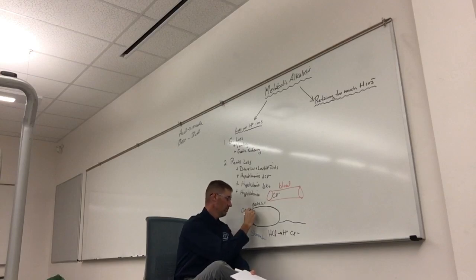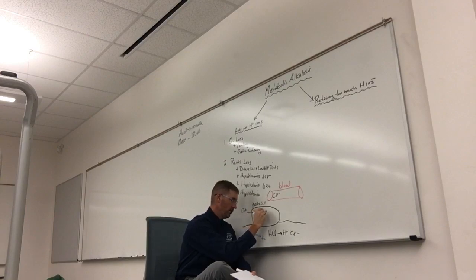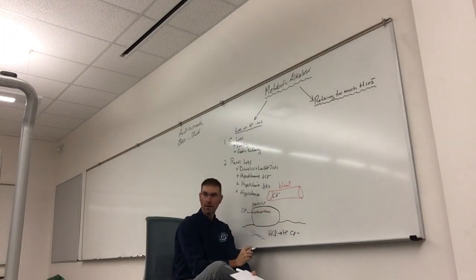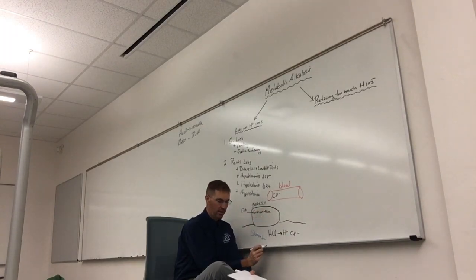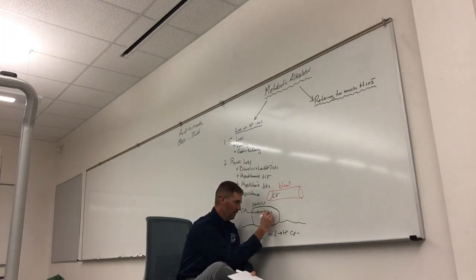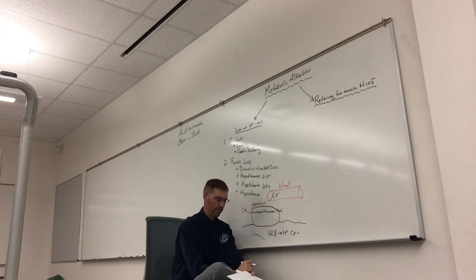And CO2 plus H2O gives us what? H2CO3, right? Carbonic acid. And then what happens to the H2CO3? It breaks down into hydrogen ions and bicarbonate ions, HCO3 minus. All right, you okay with that?